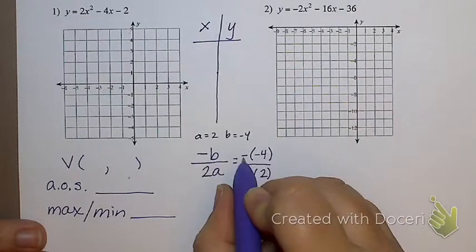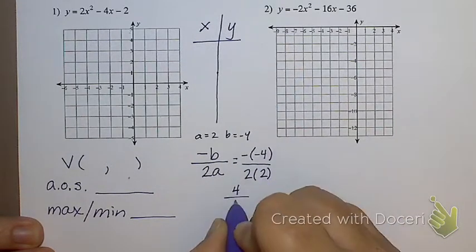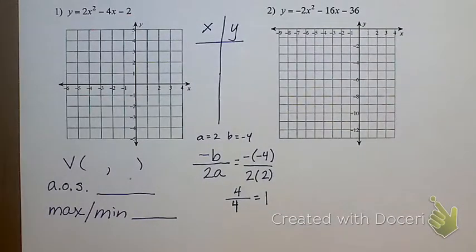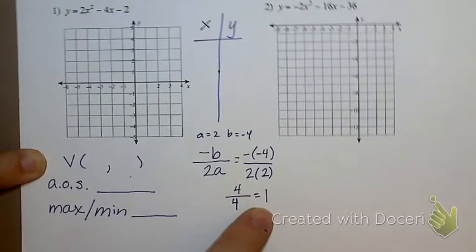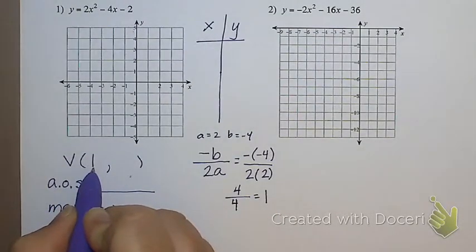So what does this give me? Negative 4 is positive 4. 2 times 2 is 4. So what's 4 over 4? What did that give me? Well, let me show you what that gave me. You ready? Watch closely. You don't want to miss this. That 1 that I just got is the x value of my vertex.